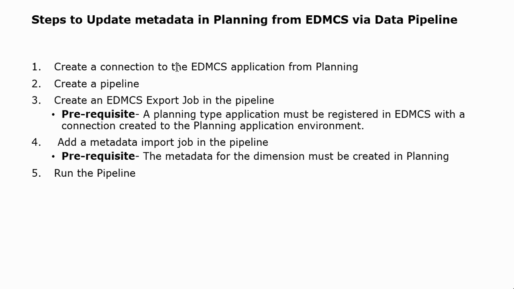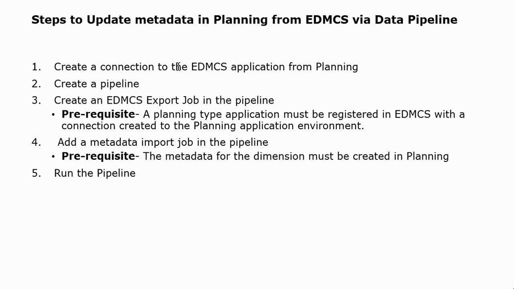You can create and orchestrate jobs one after the other as we create a data pipeline. And I'm going to use a similar concept to update the dimensionality in a planning application. Now, there are a few very simple steps that we need to follow to create this pipeline.